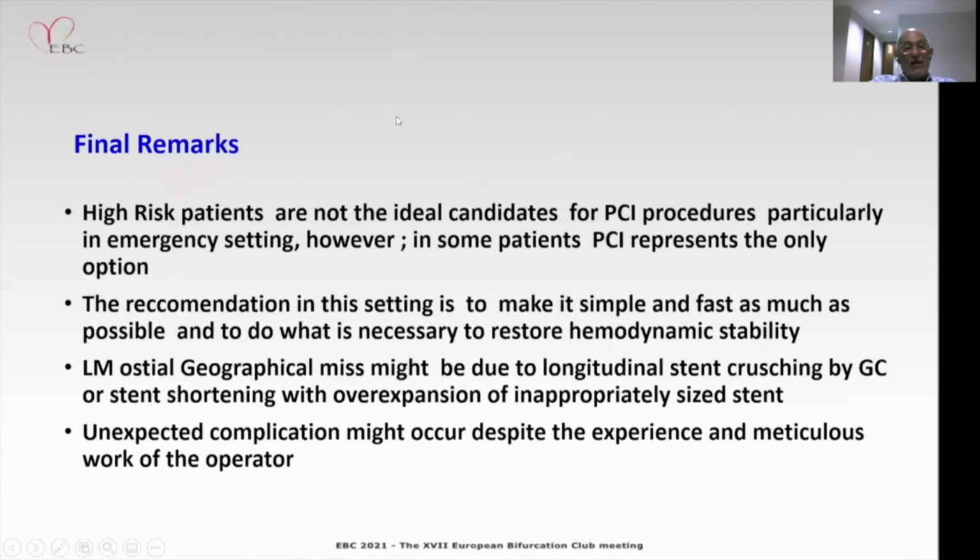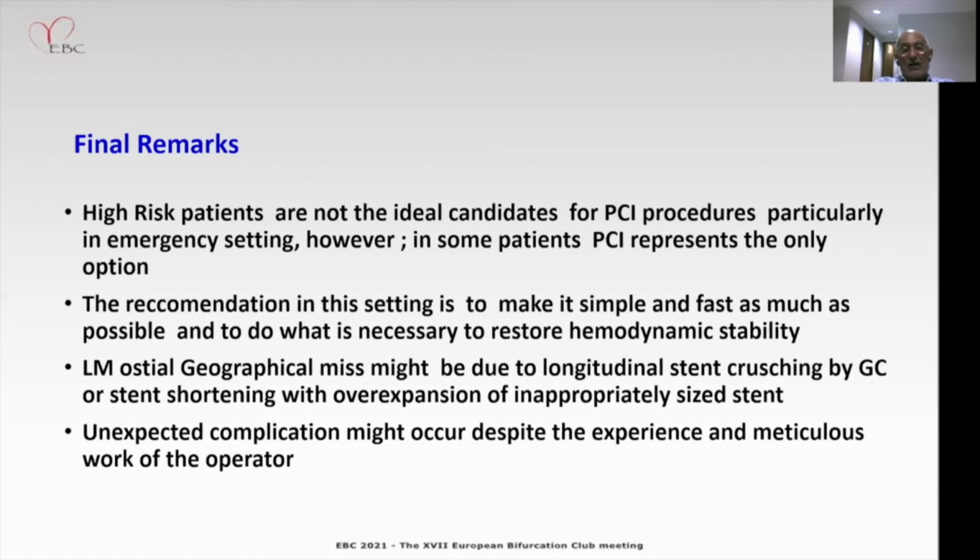So my final message is that high-risk patients are not the ideal candidates for procedure, particularly in emergency settings. However, in some patients, PCI represents the only option to rescue the patient. The recommendation in this setting is to make it simple and fast as much as possible, and so to do what is necessary to restore hemodynamic stability in these patients.